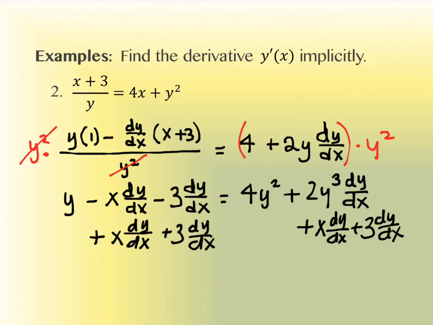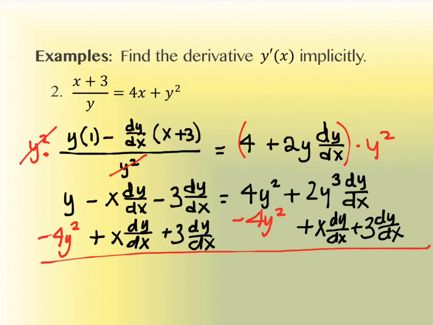Now, at the same time, notice I don't really want the piece that doesn't have the dy/dx where it is either. I'd like to move it too. So the 4y squared that's currently on the side that's going to have all my dy/dx's, I'm going to move that at the same time. So I'm going to move this with minus 4y squared on the right and on the left. So we've done a massive subtraction addition thing.